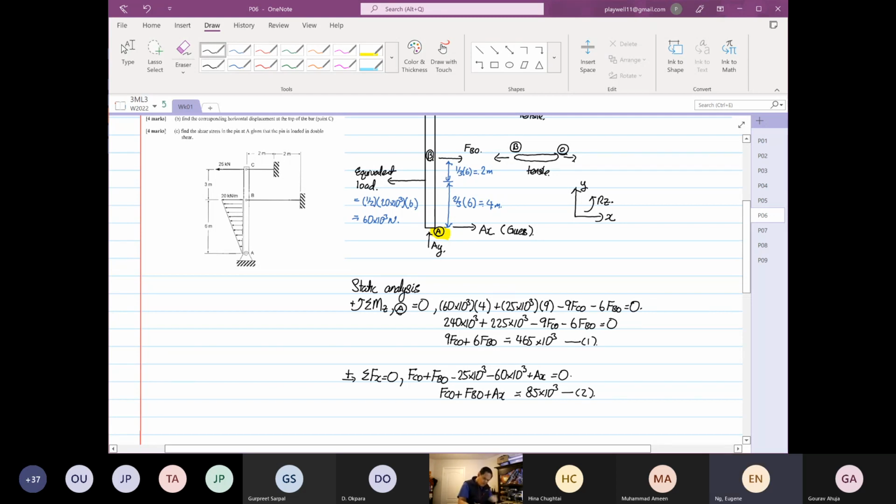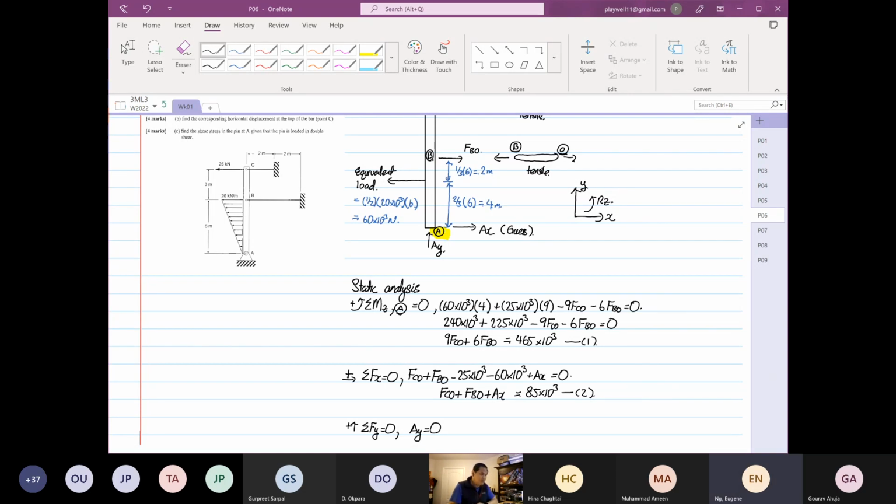And then finally, summation of forces in the Y direction is equal to 0. So you have AY is equal to 0. Okay. So now we have a problem.